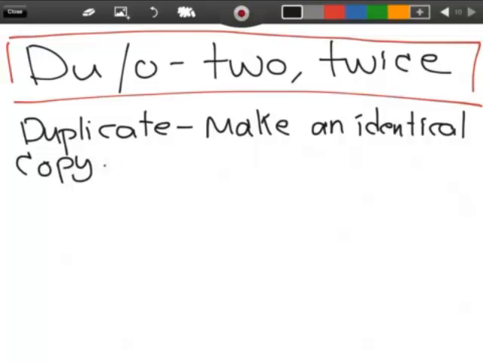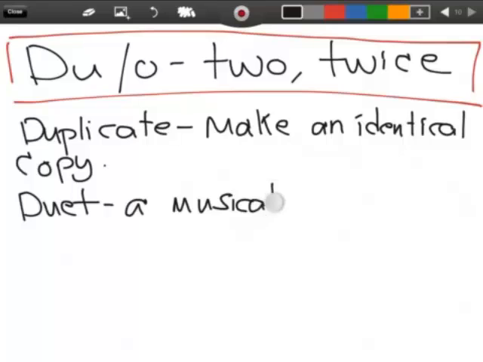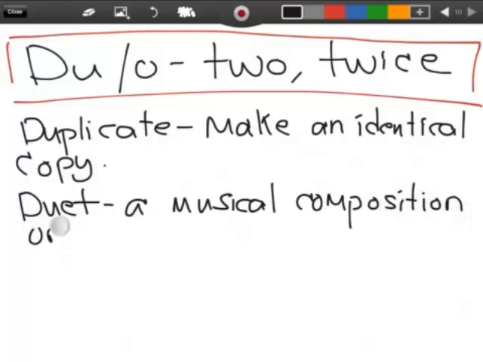And the other example is going to be duet. Duet, meaning a musical composition of two.